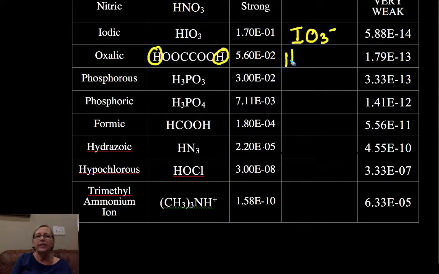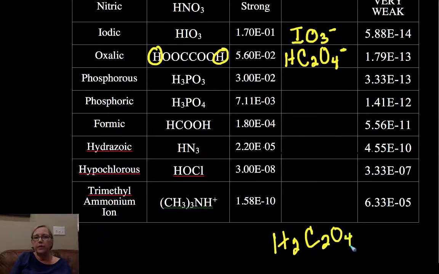I like to write oxalic acid as H2C2O4. Okay, phosphorus acid. We always just lose one of the H's when we're discussing an acid and its conjugate. And phosphoric acid, same thing.